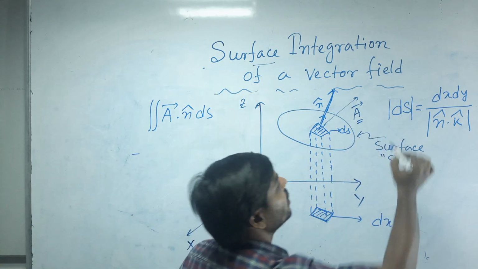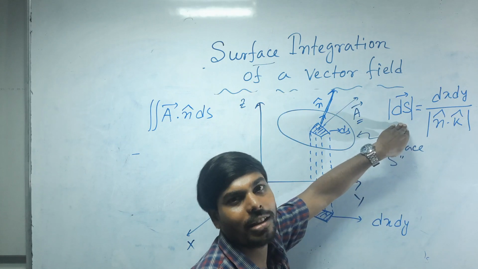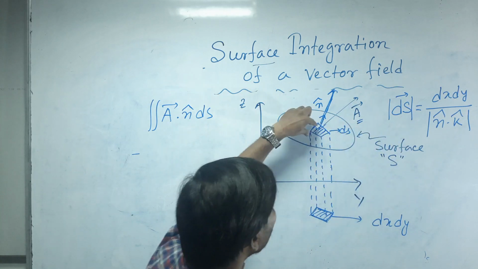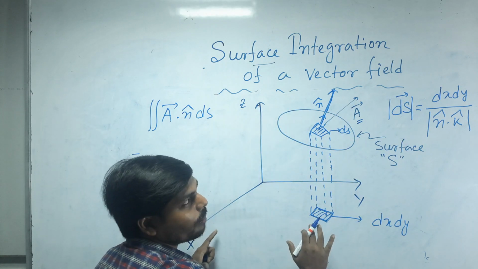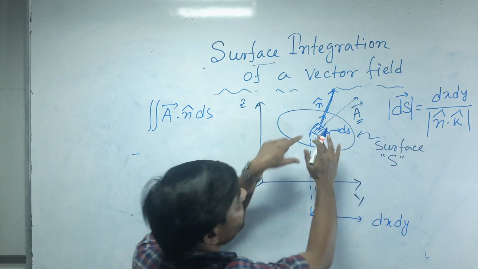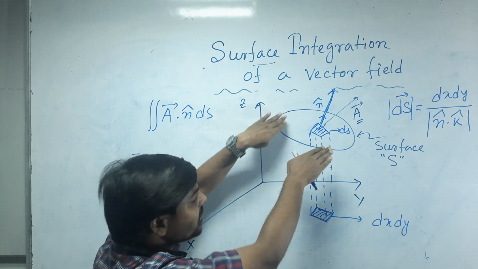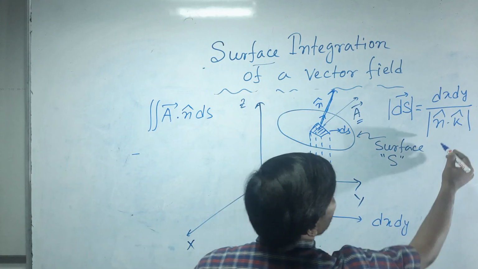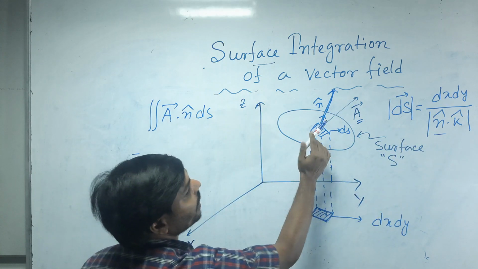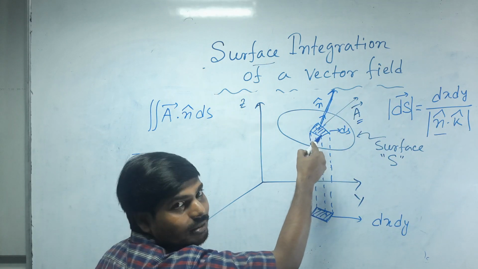If you need the proof of this one, you can do it yourself or you can write in the chat box. So when we take the projection of this elementary area onto the xy plane, this dS elementary area, which is in three-dimensional space, has an equivalent two-dimensional projection dx dy divided by n cap dot k cap. n cap is the unit normal of this elementary area.